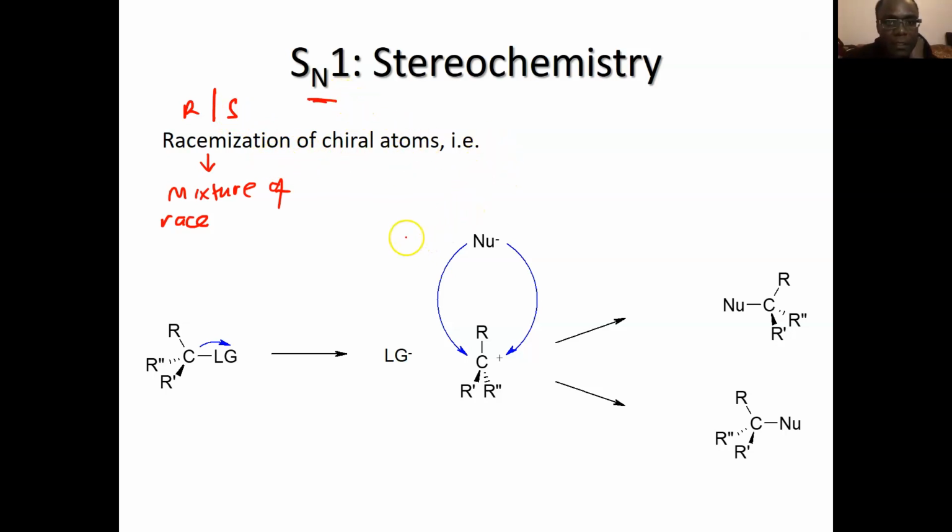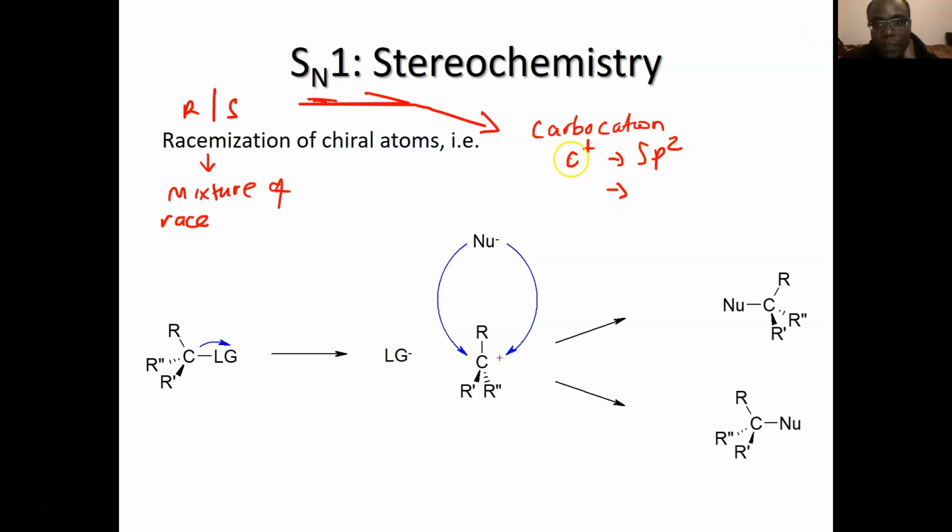The reason is that SN1 always goes through formation of a carbocation, and the carbocation has a C plus center, which is sp2 hybridized, and the molecular shape of the C plus in the carbocation will be trigonal planar. I want to emphasize planar, which means flat, either flat on the table or flat on the plane of your monitor.